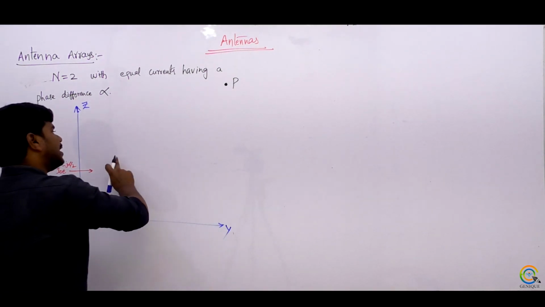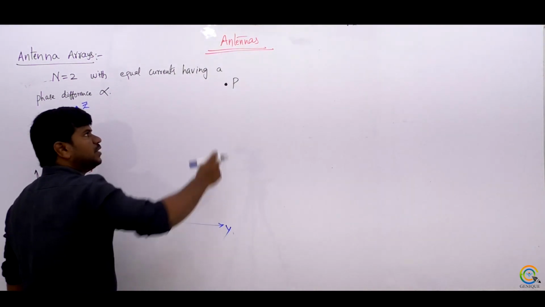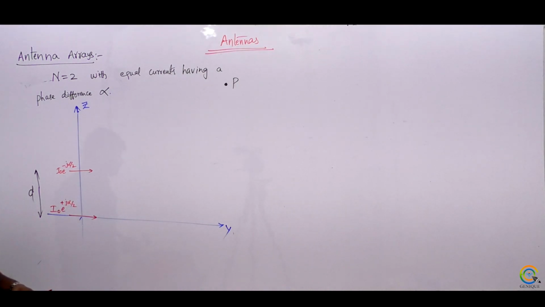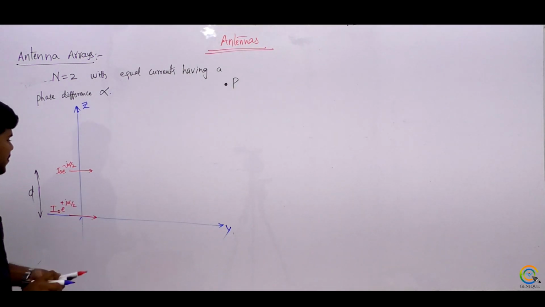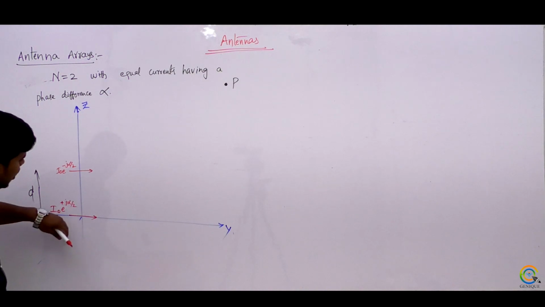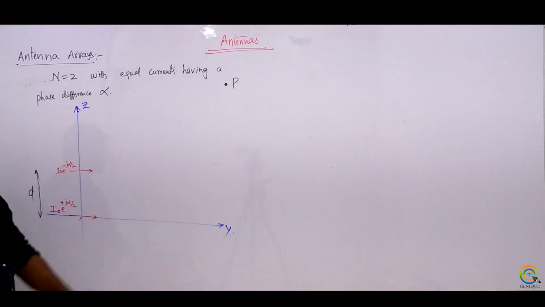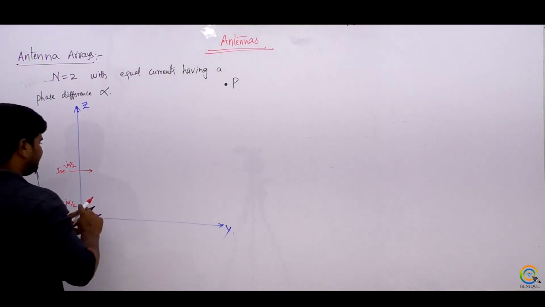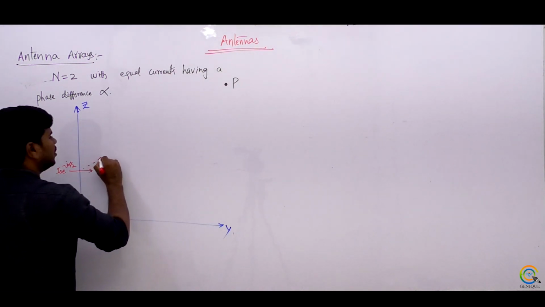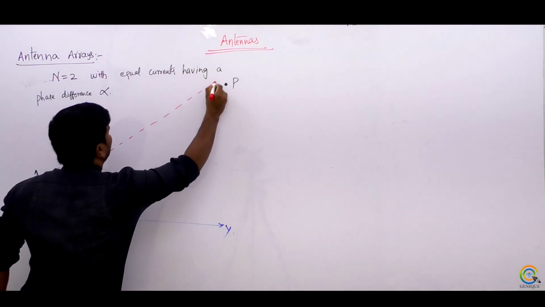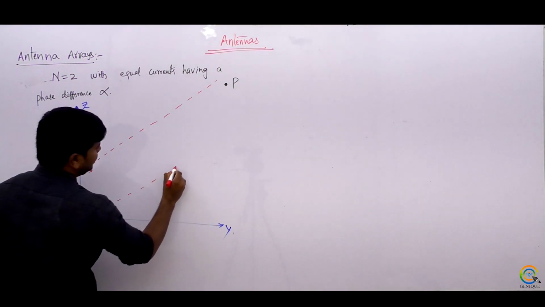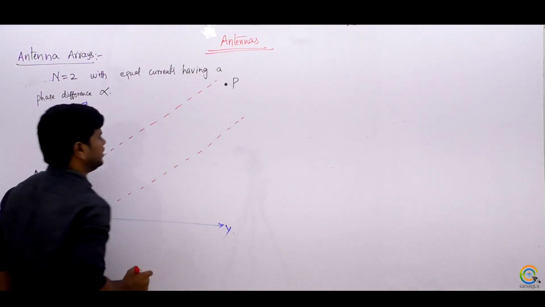Okay, we want to calculate the radiation intensity or radiation density at the far distance, because of these two elements I am placing horizontally like this and separated by a distance d. Now let us assume an EM wave propagating like this.